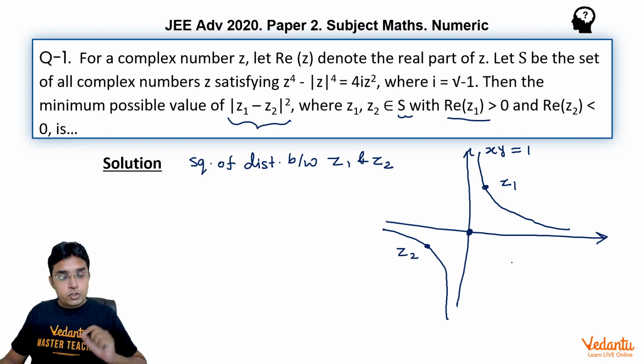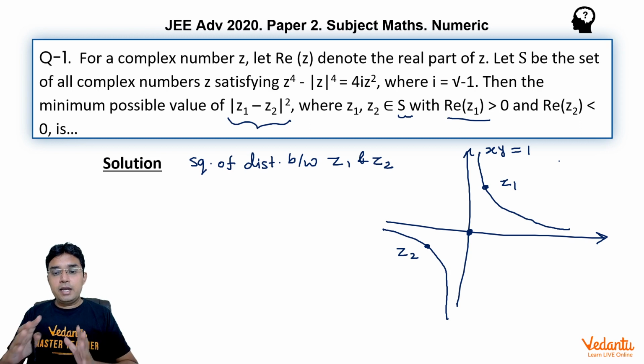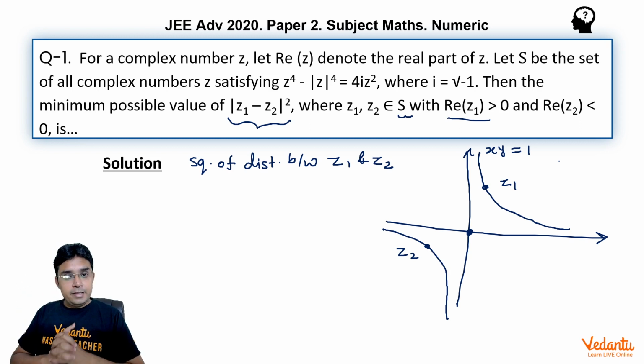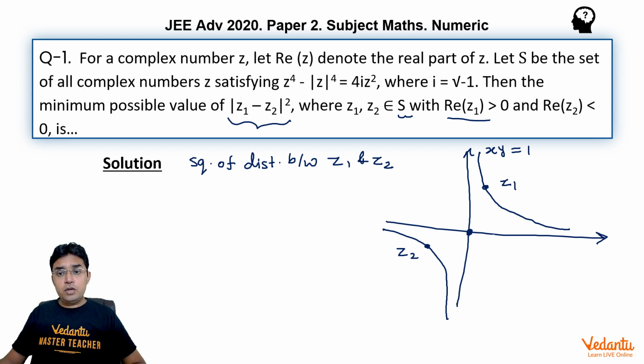Now this question will become very easy if we notice that this xy is equal to 1 is rectangular hyperbola which is symmetrical about origin in both quadrants, first and third. That means if we need to find minimum distance between z1 and z2, then we should draw a line that is equally inclined to x-axis and y-axis.